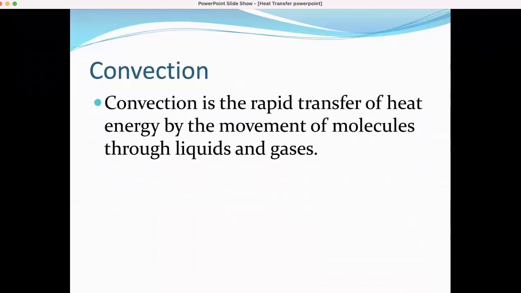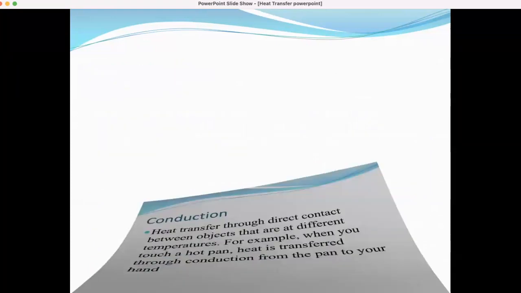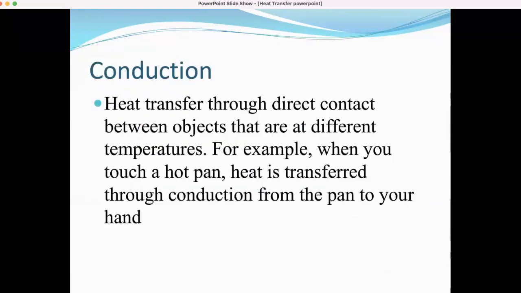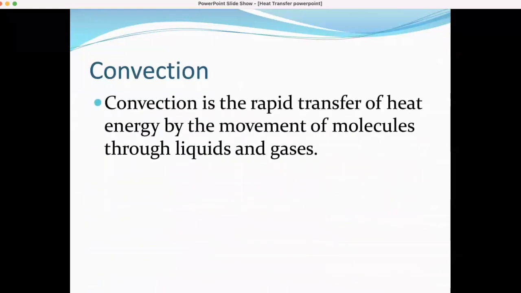Sometimes we mix up convection with conduction, but I want you to get the content today. Conduction is the heat transfer through direct contact with the object. Convection now is the rapid transfer of heat with the movement of molecules through liquid and gas.